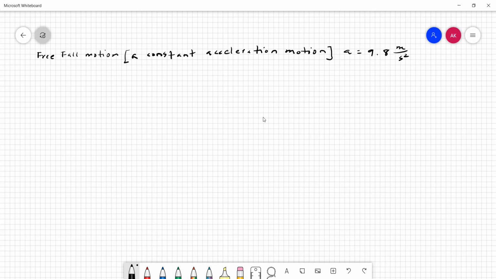We'll see that with a problem. Whether we use plus 9.8 or minus 9.8 meters per second squared will depend on the choice of our coordinate axis. So I will start with a problem.